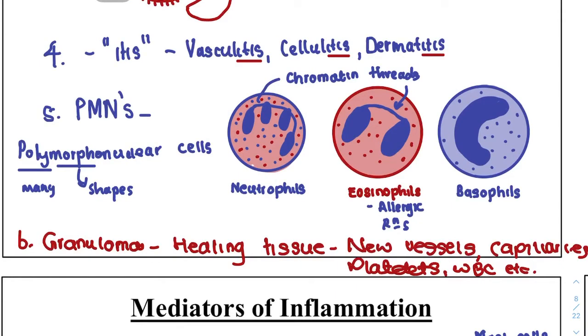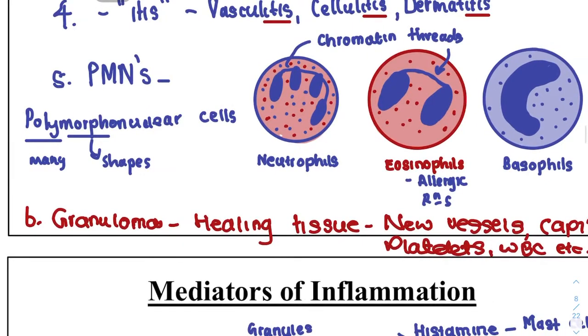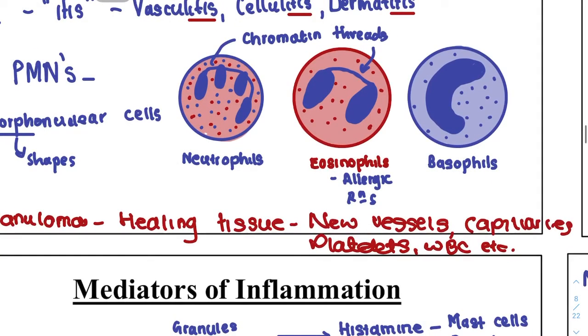You break that word down. Poly means many, morpho shapes, nuclear, nucleus cells. So in our body we have three types. Neutrophils, which are the first responders in inflammation, they usually have 2 to 5 nuclei connected to each other by chromatin threads.